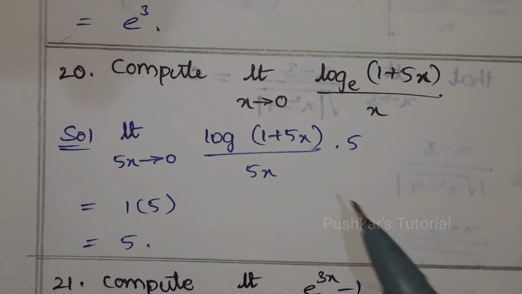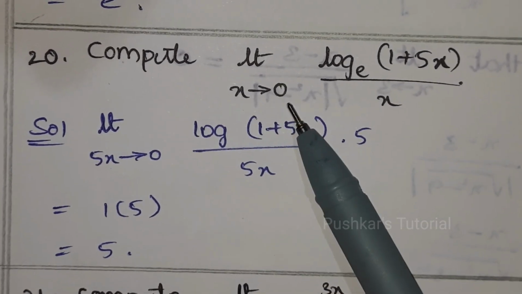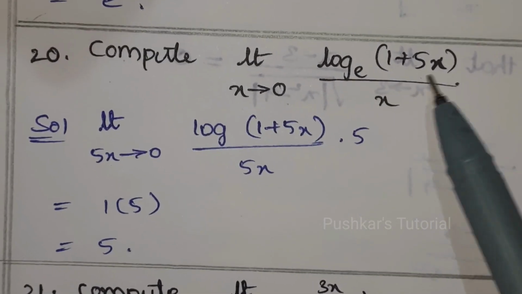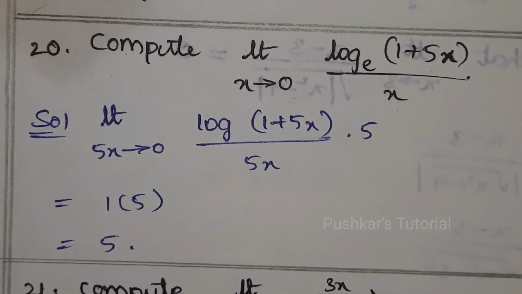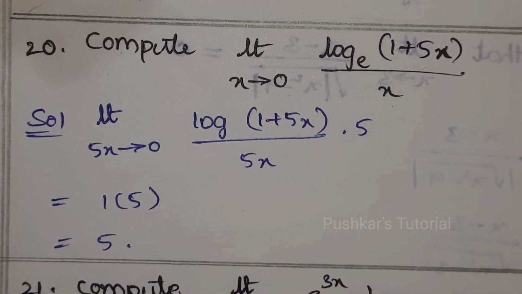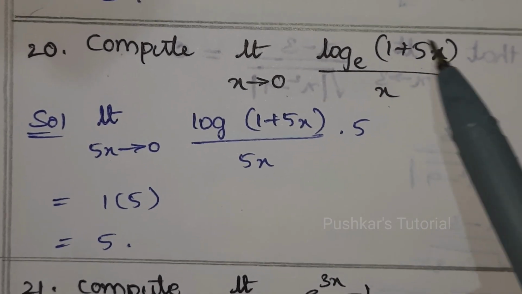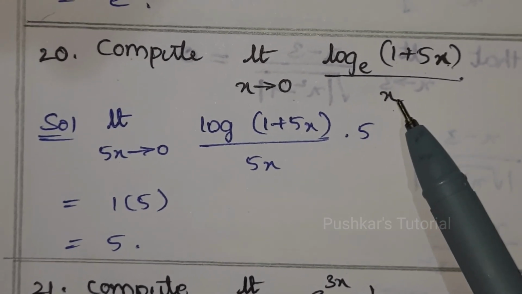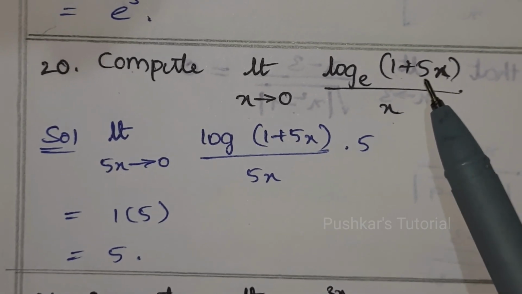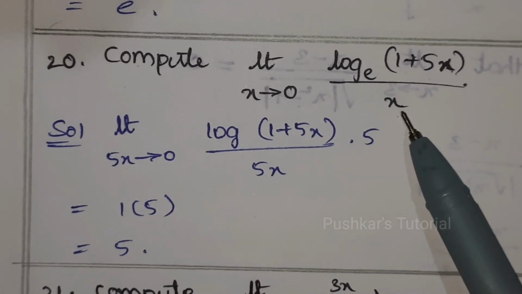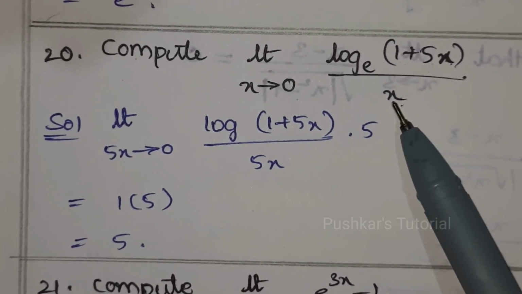Next, important, easiest. The limit as x tends to 0 of log(1 plus 5x) by x. We have a formula, log(1 plus x) by x, the answer is 1. It means whatever is there after the 1 plus, that should be in the denominator. So after 1 plus, 5x is there, but in the denominator only x is there. What is missing? 5 is missing.